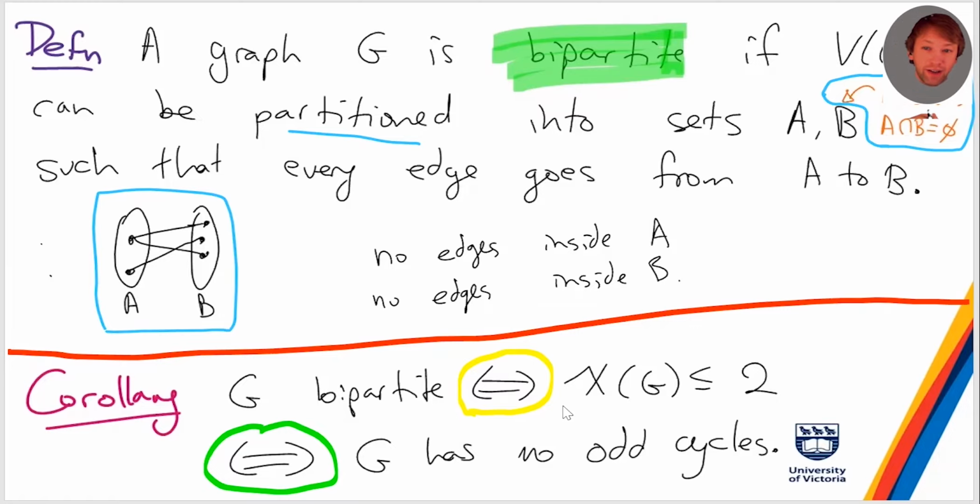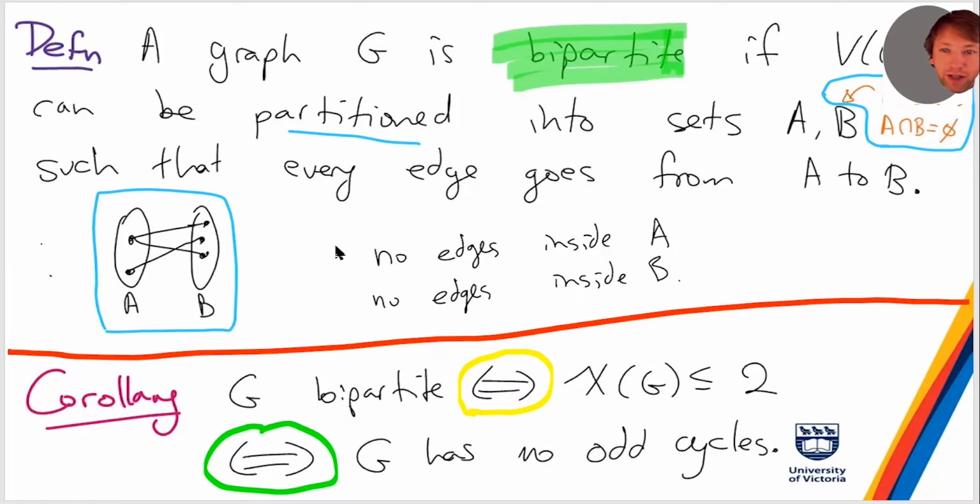In the other direction, if I have a proper coloring with two colors, some vertices red, some blue, I let A be the set of all red vertices and B the set of all blue vertices. That shows that G is bipartite.